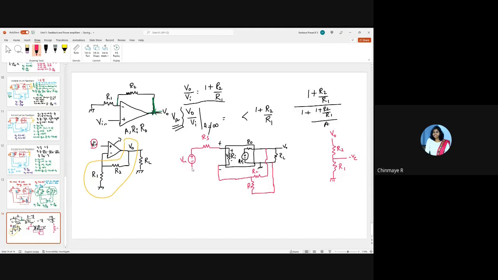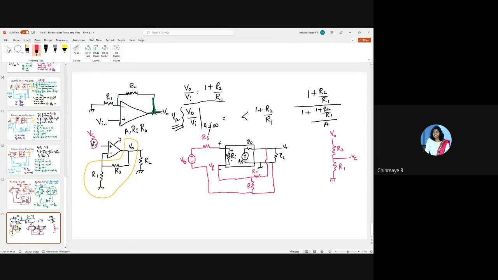So now since you're feeding it back, basically what you're doing is you are changing the voltage. So let me call this Vs, our earlier convention. So now this will be Vs, correct? Now this will be Vin and this will be Vf. Is it clear to all of you?